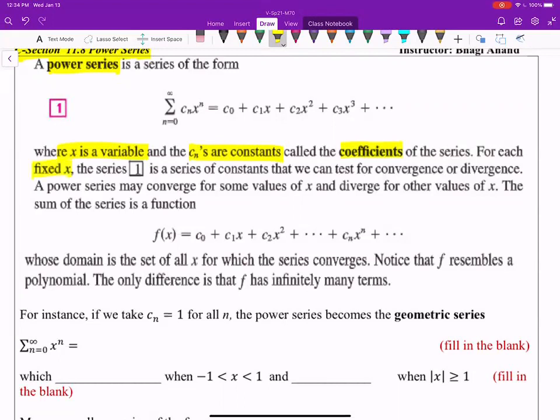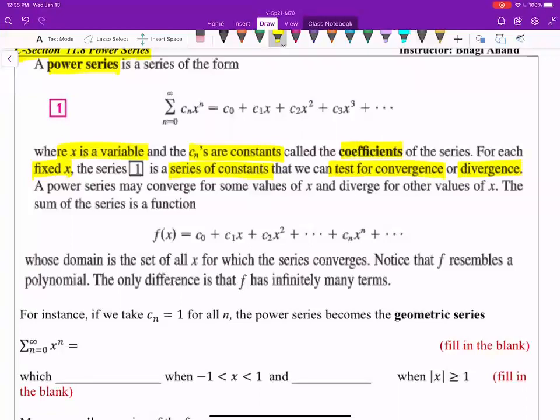For each fixed x, the series is a series of constants that we can test for convergence or divergence. If you fix the x, then it will be a series of constants, and we have been referring to all types of series from section 11.2 through section 11.7.